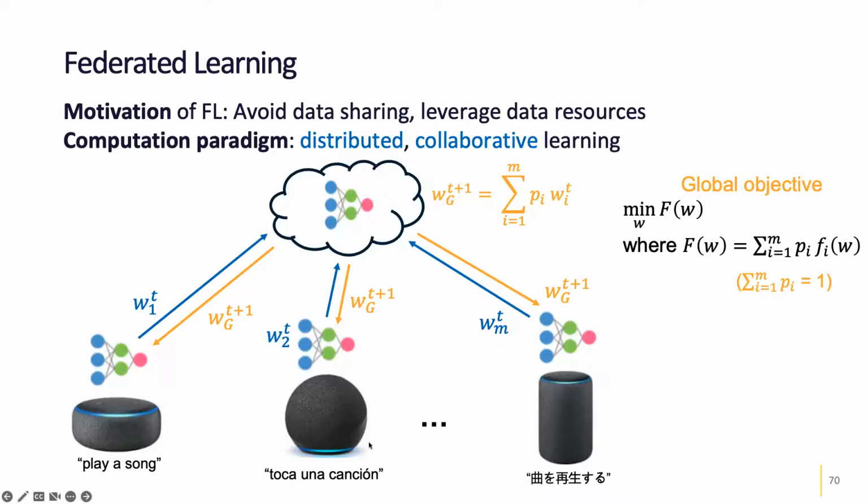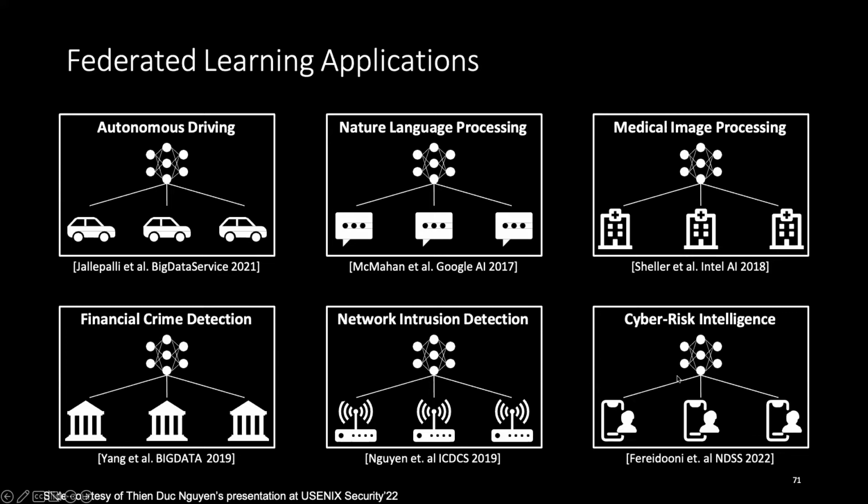And then the clients start with the next round of local training. And after local training, they again upload the local models to the cloud, and this process repeats until the global model converges.